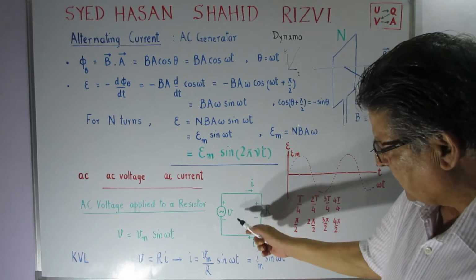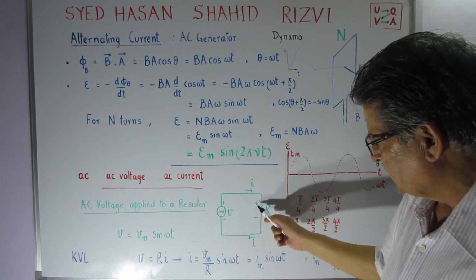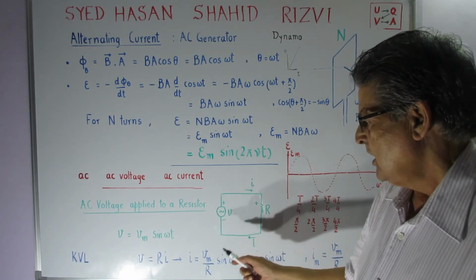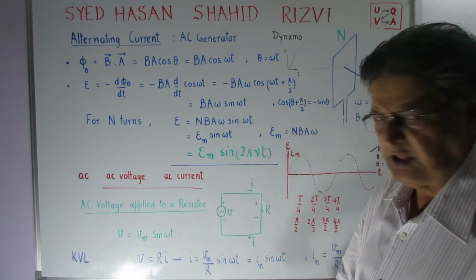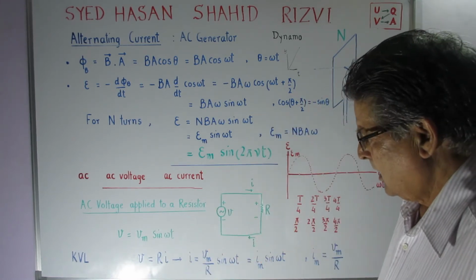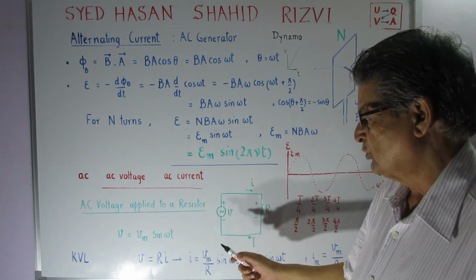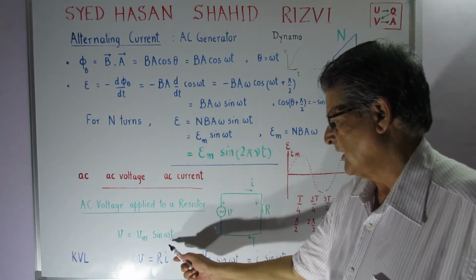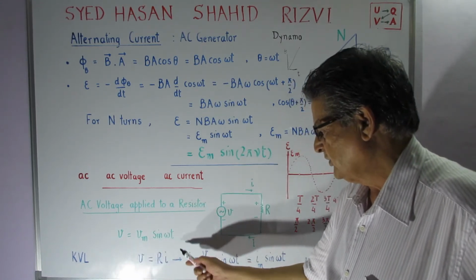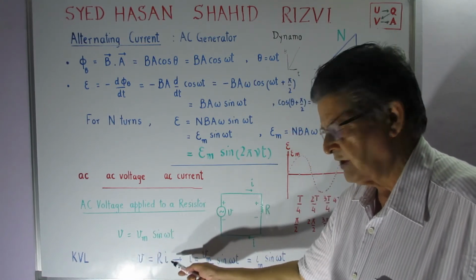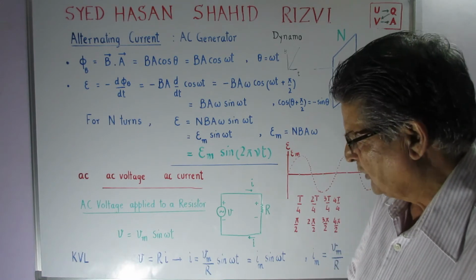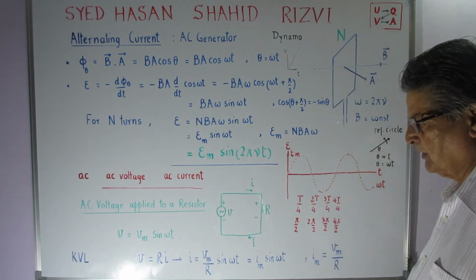So when I apply this plus, this minus, this plus, this minus, I write V equal to Vm sin omega t, in keeping with this. Applying the KVL, I'll write V is equal to Ri. This is Professor Ohm's law, the school teacher from Germany.